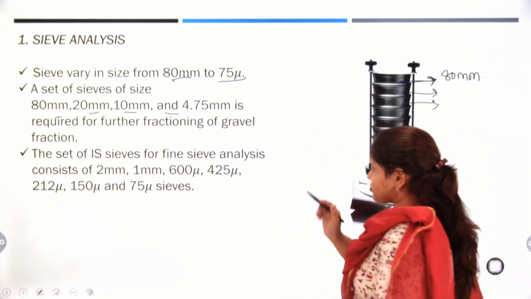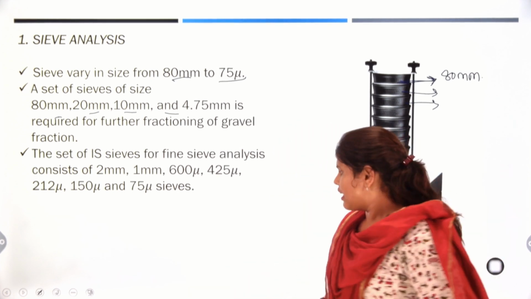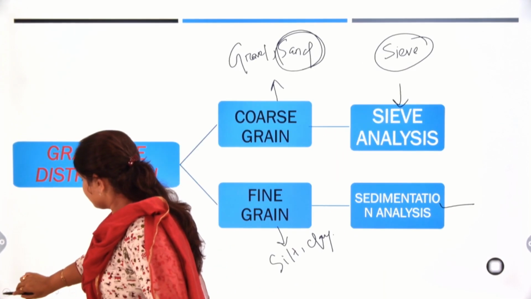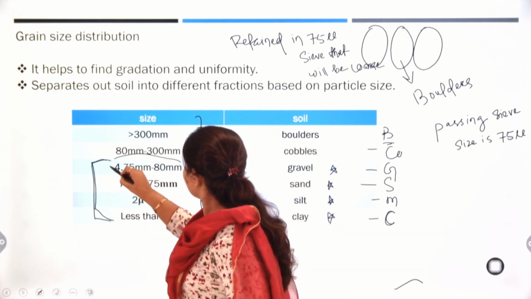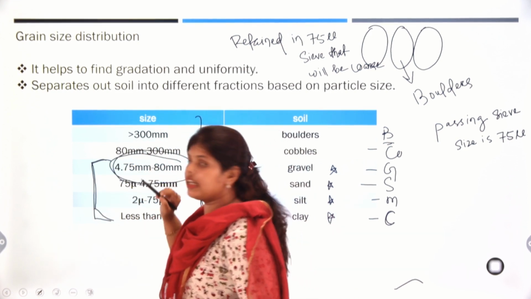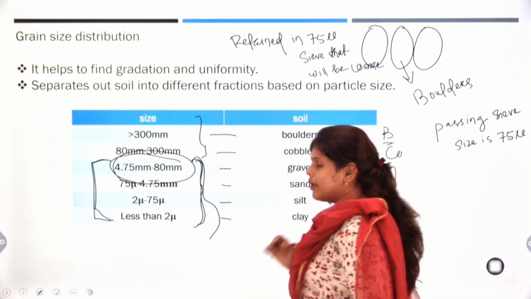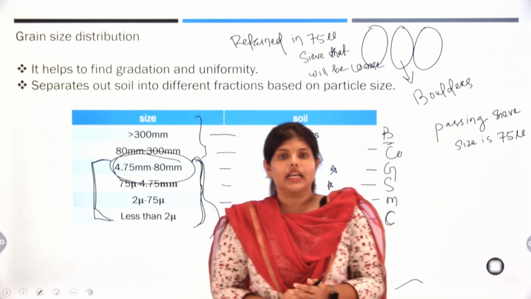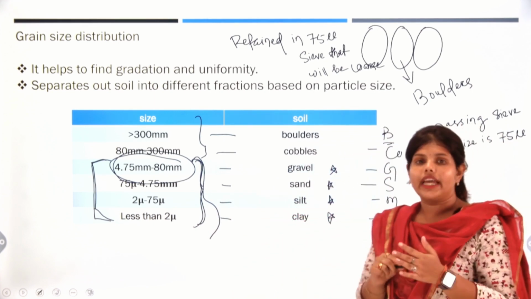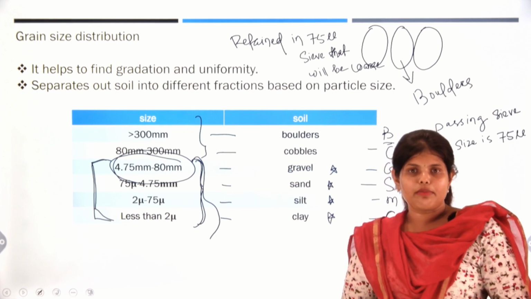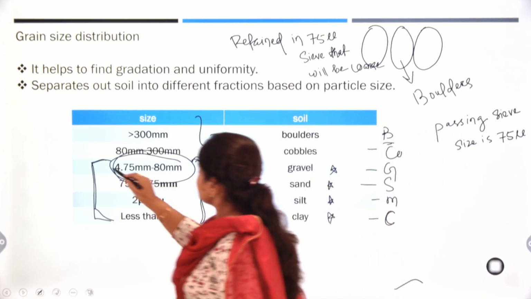Like we know that if soil is retained in between, here we have the size for gravel, it will be 80 mm to 4.75 mm. In between 80 mm and 4.75 mm, there will be the 80 mm sieve, 20 mm sieve, 10 mm sieve and 4.75 mm sieve.